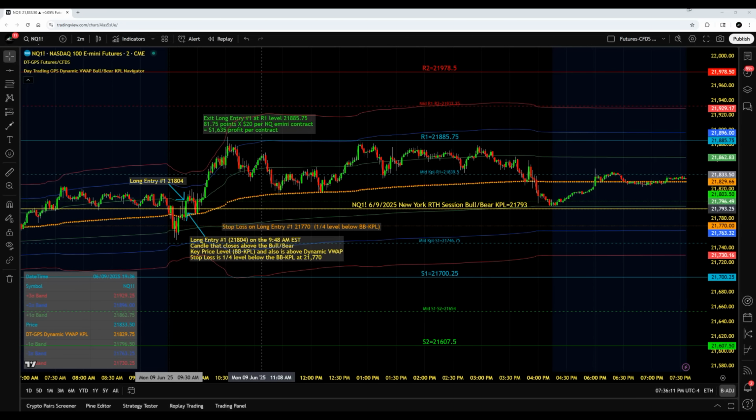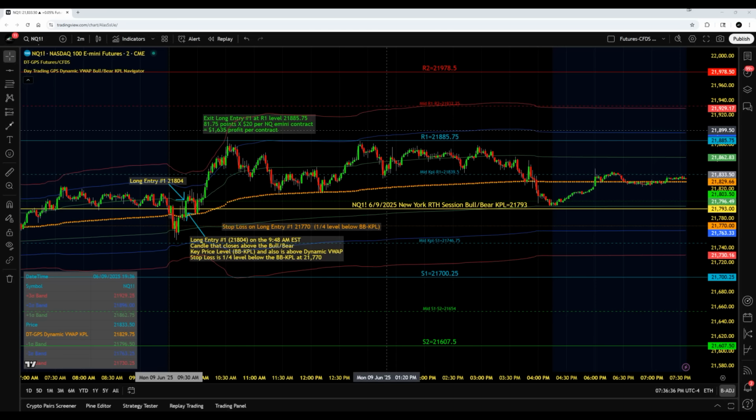So if you want to think of the levels here as far as the bull bear key price level, the midpoint, and the main levels as the static levels for this session, and then the dynamic anchored VWAP as the dynamic key price level to be used in conjunction with these static levels.